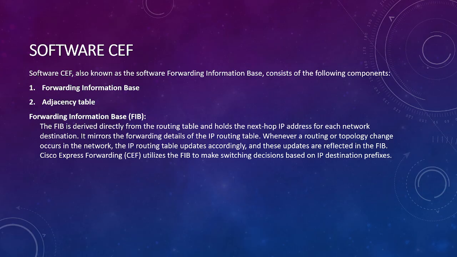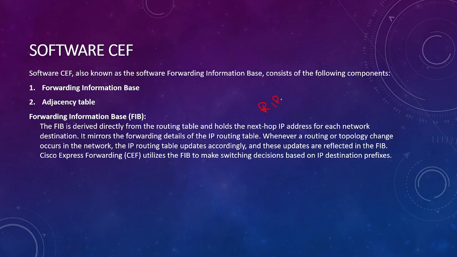The FIB is directly derived from the routing table and it holds the next hop IP address for each network and destination. It also mirrors the forwarding details of the IP routing table. Whenever there is a change in the routing table, like an OSPF flap or any change in the interface, this will get reflected. Whatever the changes in the RIB, that's what we call FIB and RIB.